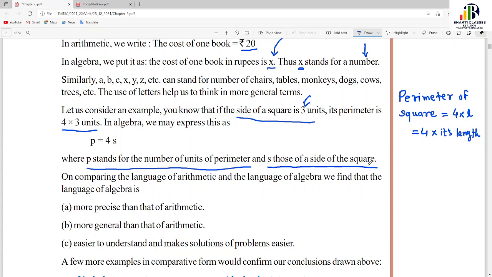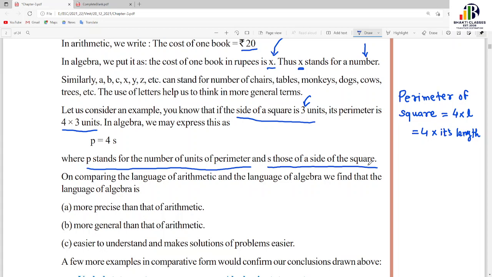So, from these examples, we can understand that for unknown numbers which we do not know right now, we can assume some letters and then we can solve them.